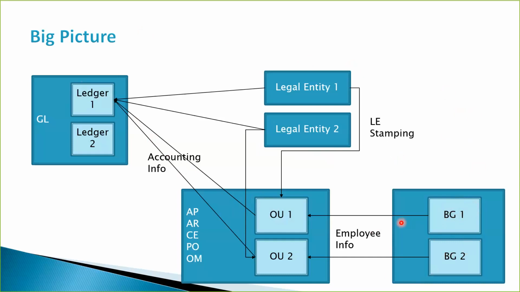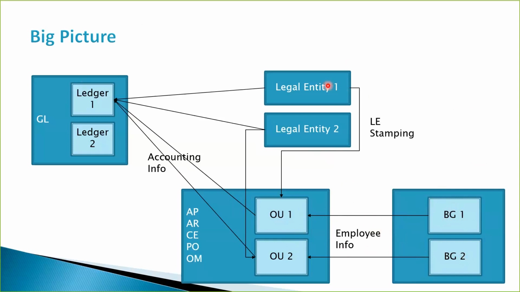So you assign your operating unit a particular business group. In this case, we have 2 separate operating units and 2 separate business groups. Each operating unit is associated with a business group, and therefore you can only use or see the employee information for their respective associated business groups.